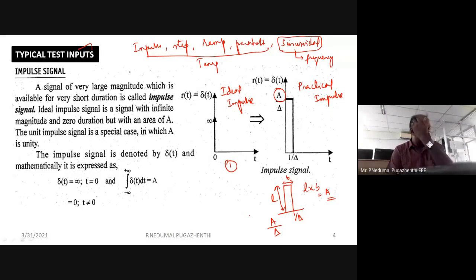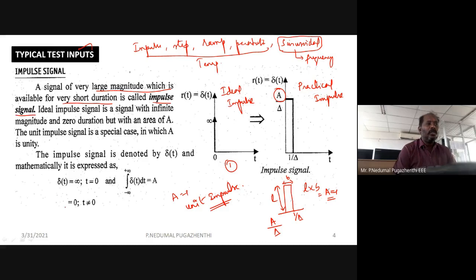So it is a practically generated test signal, which we call an impulse signal. If A is equal to 1, we call it a unit impulse, and we will take this into account in our analysis. A signal of very large magnitude, which is available for a very short duration, is called an impulse.